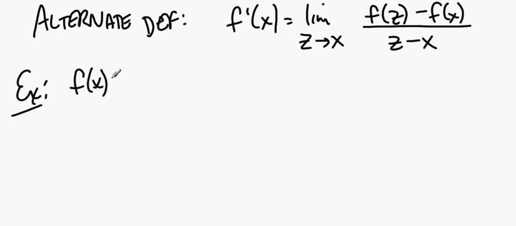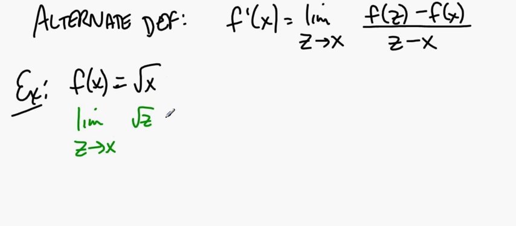So if my function is the square root of x, and I'm interested in the derivative, well, I could take the limit as z approaches x of f of z minus f of x over z minus x.